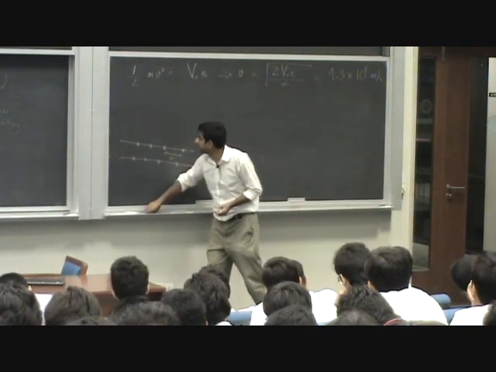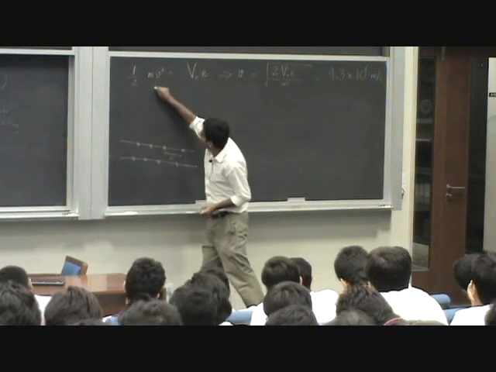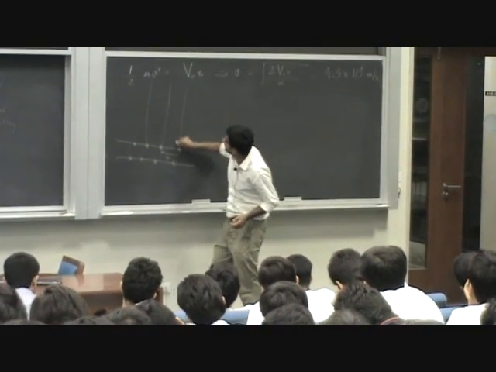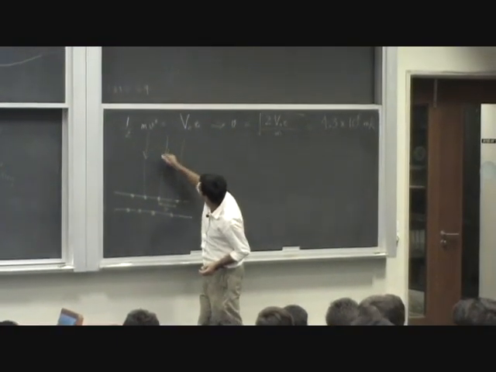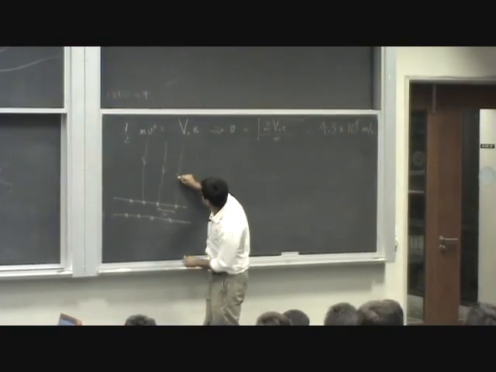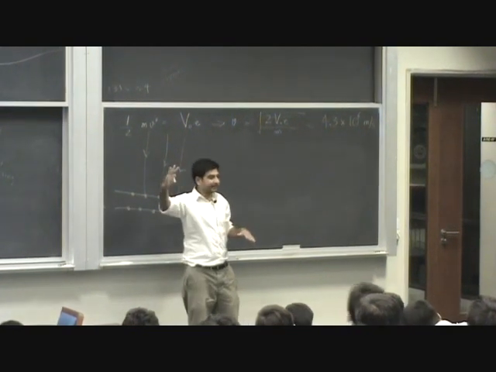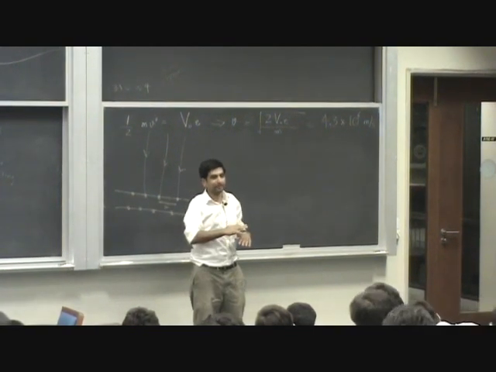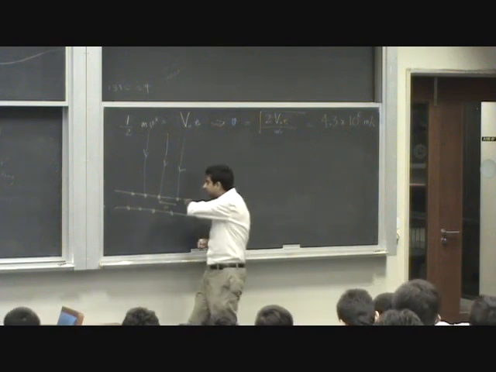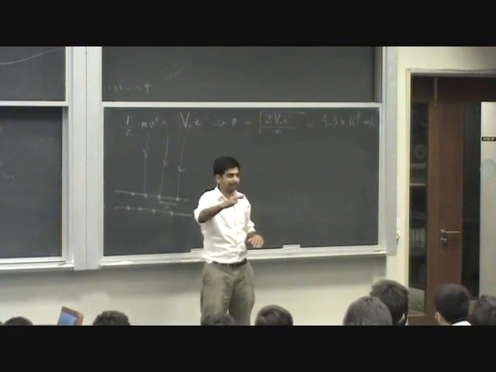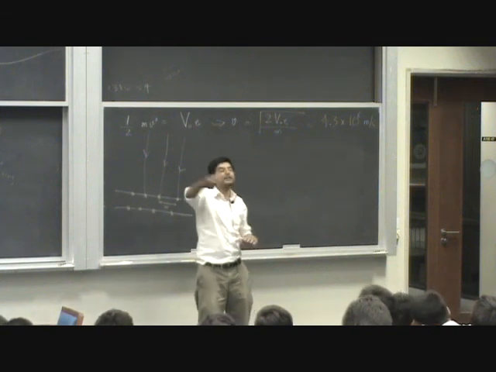Now what is happening is if electrons are falling onto the nickel target, this plane of atoms will reflect the electrons. So this plane of atoms on the surface is acting like a reflection grating. It is reflecting the electrons.